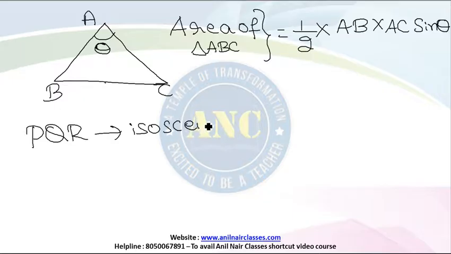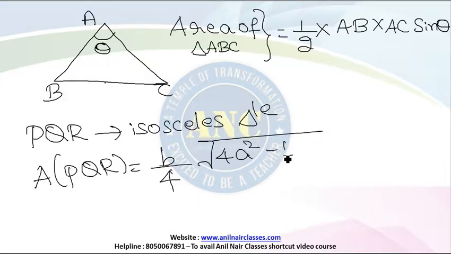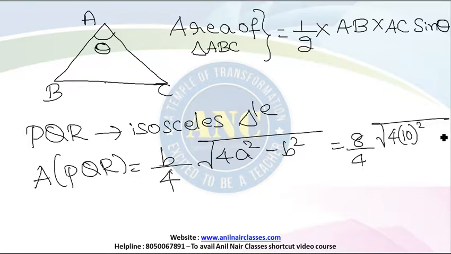Area of an isosceles triangle is b by 4 into root of 4a square minus b square. b value is nothing but the unequal side. It is 8 by 4 into root of 4 into 10 square minus 8 square. If I simplify this, I will get the value as 8 root 21, right?